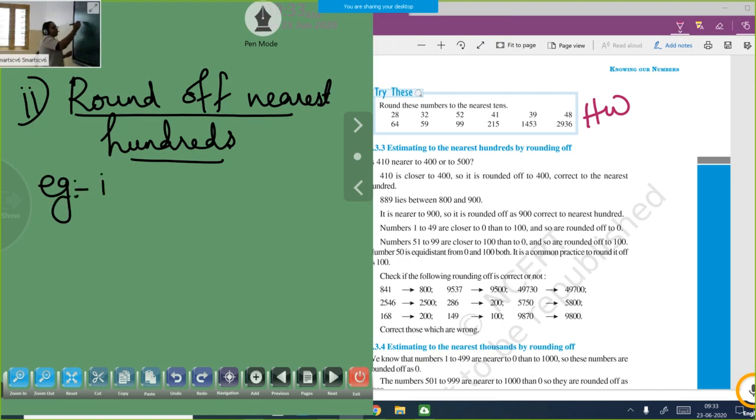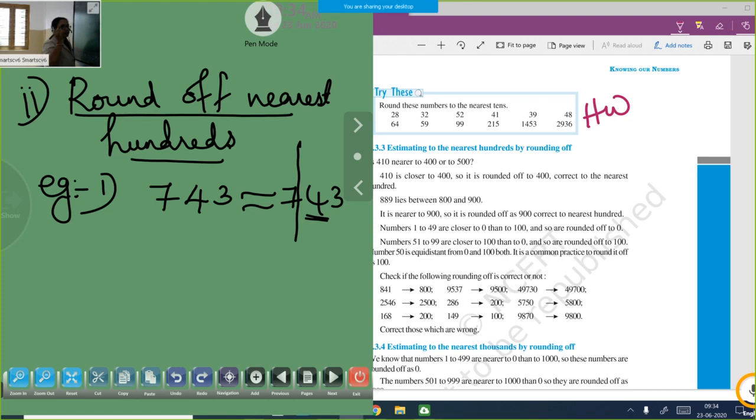Example 1 the teacher is showing. Nearest 100 means the number should be 3-digit or 4-digit, more than 3 digits. See, the number is 743. We want to estimate to the nearest 100. Nearest 100 means the last 2 digits should be 0. You have to see the tens place: after the 100 place, 1, 10, 100, make a slash and see the tens digit.